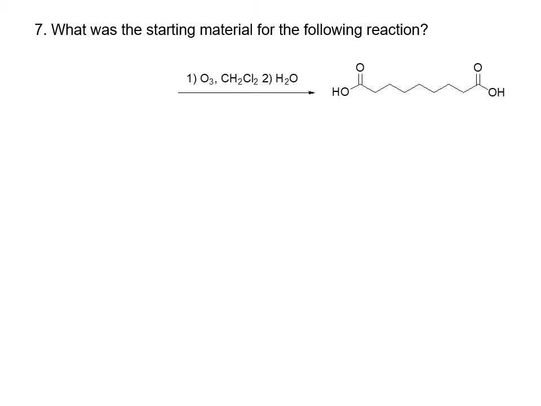Because when water on its own is used in a workup, that means that the starting material was an alkyne. So this is ozonolysis of an alkyne as the starting material. If an alkene were the starting material, then the workup would require either a reducing or an oxidizing agent.